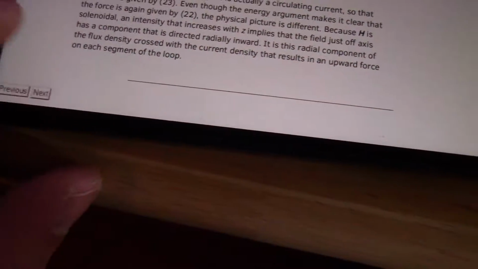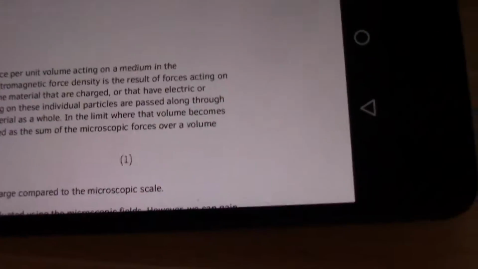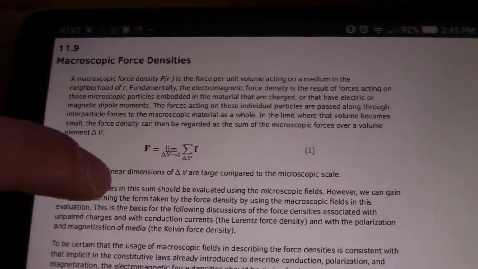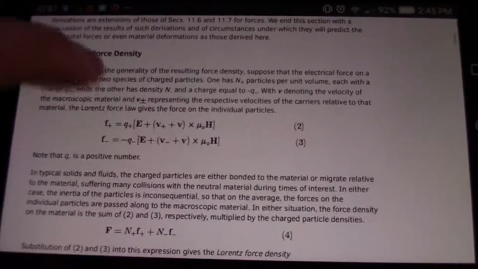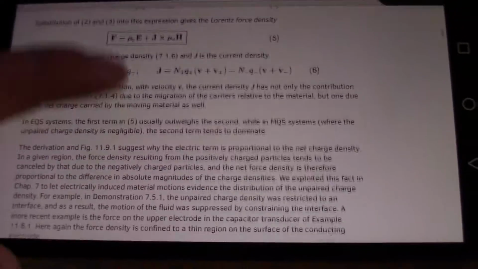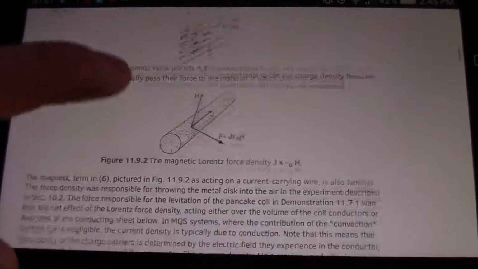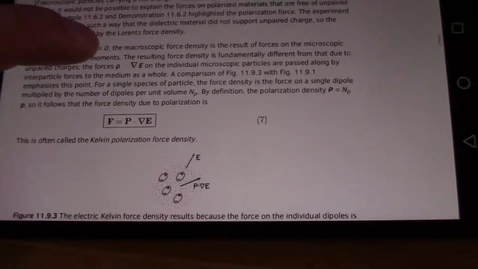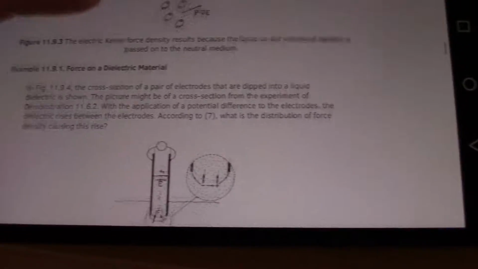He discusses the thing called Kelvin force density, named after Lord Kelvin. Macroscopic force densities: Lorentz force density, and Kelvin polarization force density, which is for electric dipoles.